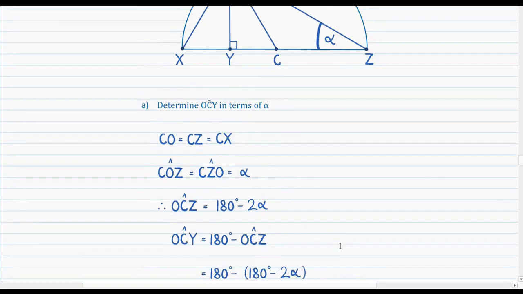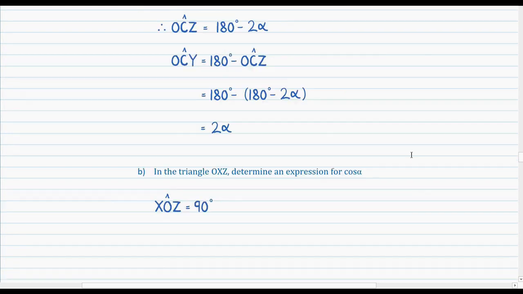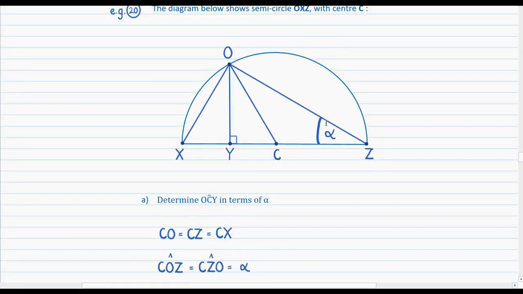The first thing to note is that for a triangle inside a circle where the hypotenuse of the triangle is equal to the diameter and its two ends connect to any point along the circle's circumference, the point where it touches the circumference will have an angle of 90 degrees, meaning angle XOZ is equal to 90 degrees. So since this is just a regular right angle triangle and we have the angle alpha, cos alpha would just be equal to adjacent over hypotenuse, meaning OZ over XZ.